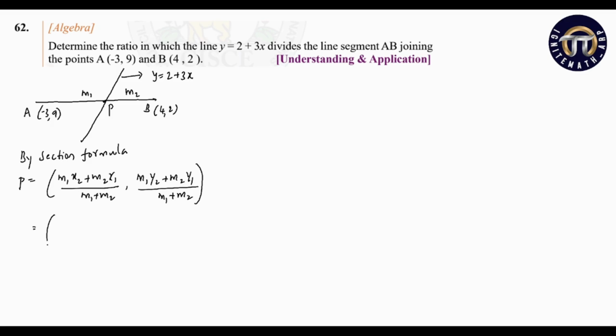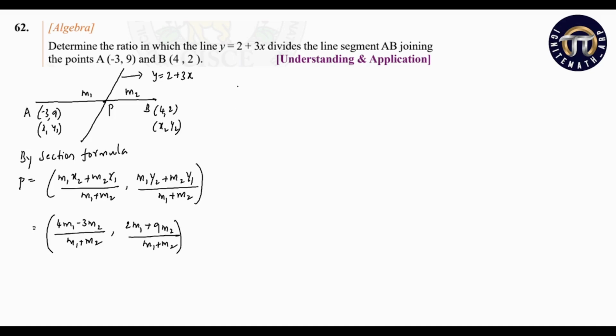Here I call these points x1 y1 and x2 y2. So m1 x2 is 4m1 plus m2 x1, that is -3 m2, by m1 plus m2. Later m1 y2 is 2 m1 plus m2 y1, that is 9 m2, by m1 plus m2.